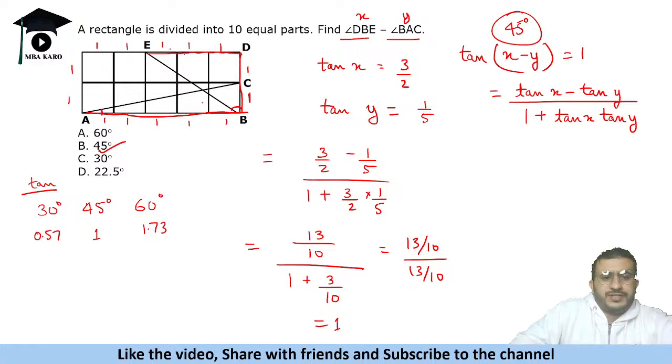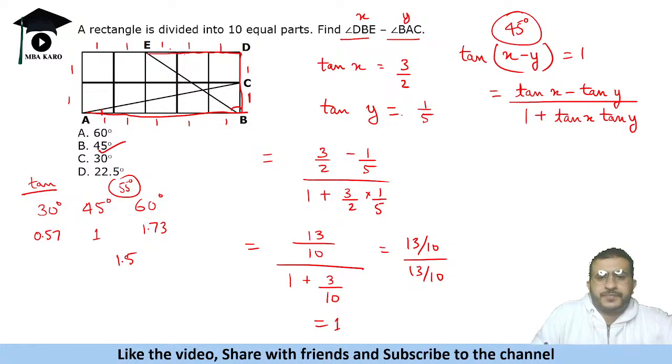Okay, now this is 3 upon 2, which is 1.5, so somewhere between 45 and 60. Now we cannot exactly calculate without using a table, so maybe somewhere around 55 degree, let us just approximate. Since it's not a linear scale, it can be 55, 60 degree or something.